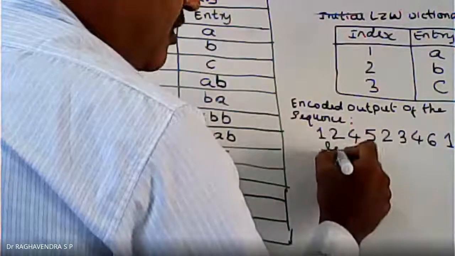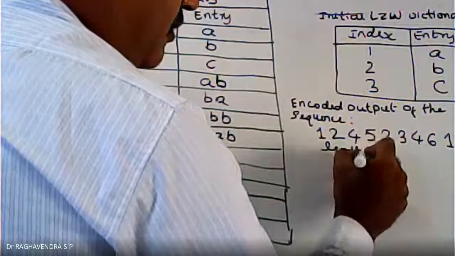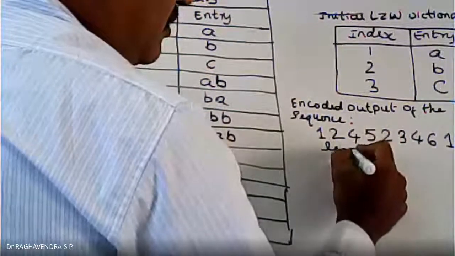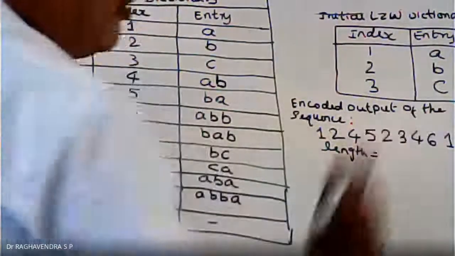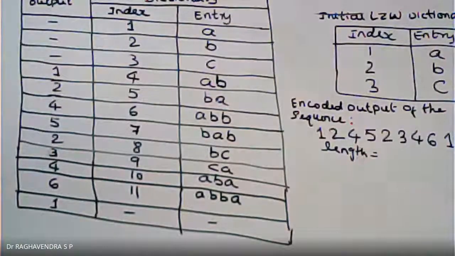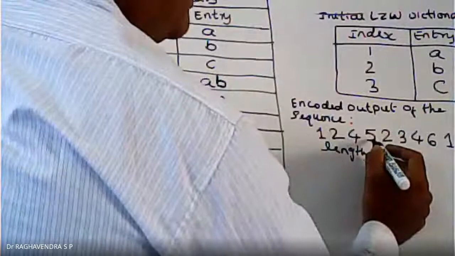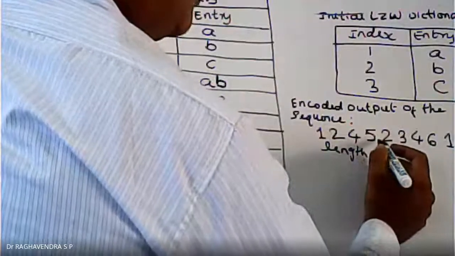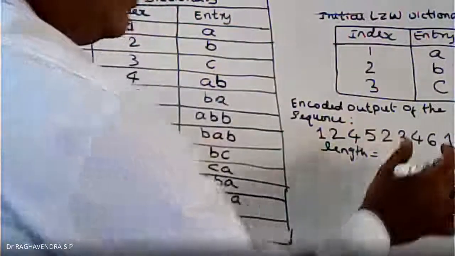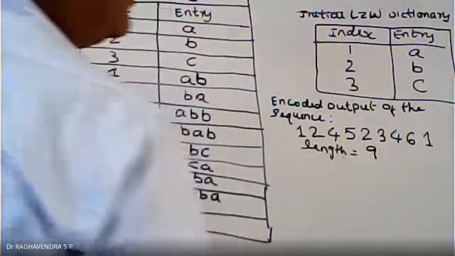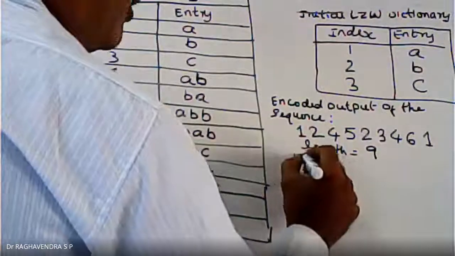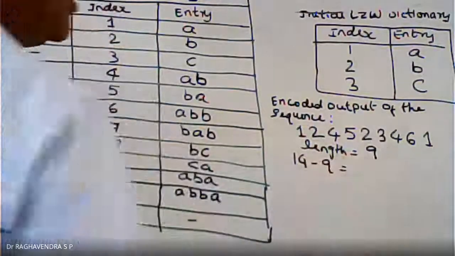What is the length of the encoded output? It is 9, I think. Yes, sir. So the length is 9. So 14 minus 9 is 5.